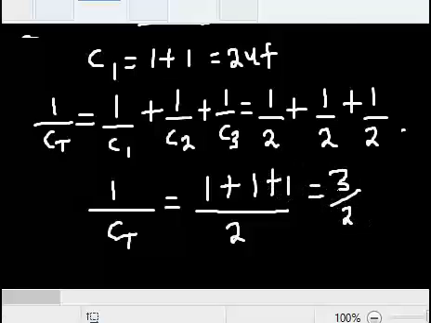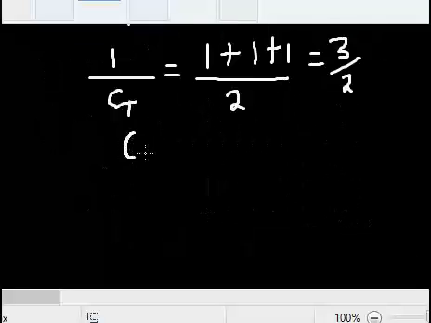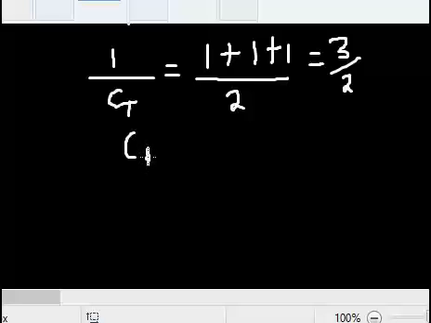Don't forget that to find C total, I have to invert. That's going to be 2 over 3 microfarad. I hope that is well understood. Don't bother, we will definitely solve an examination question in one of these videos.